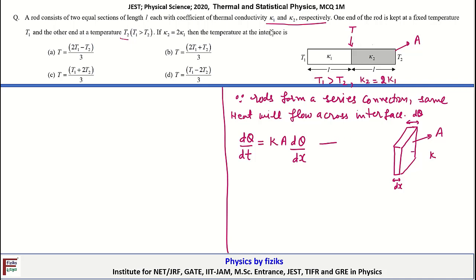Let's call this equation 1. Now we apply equation 1 to the left rod as well as the rod on the right hand side, and then at the interface we compare those two equations.